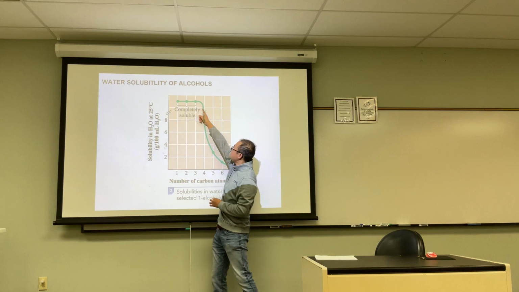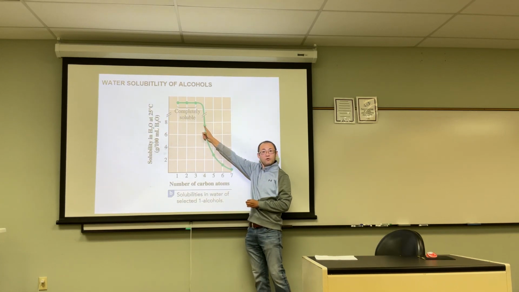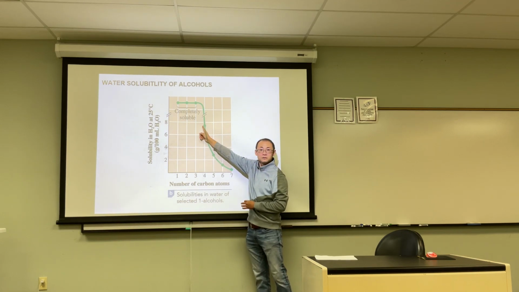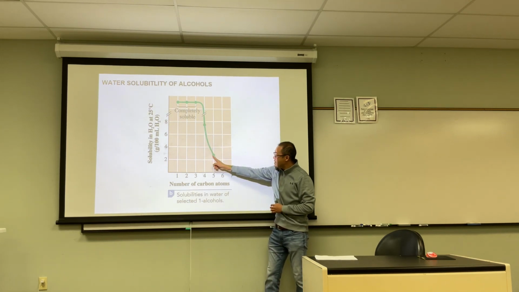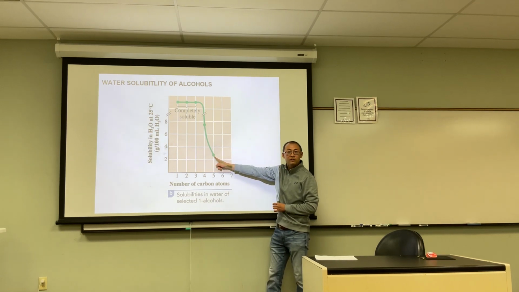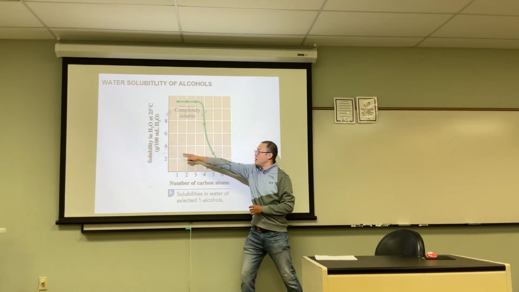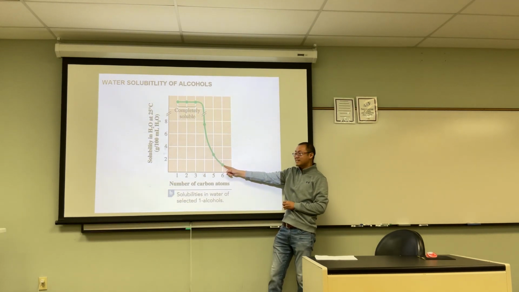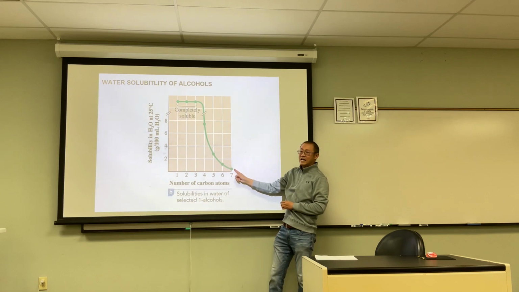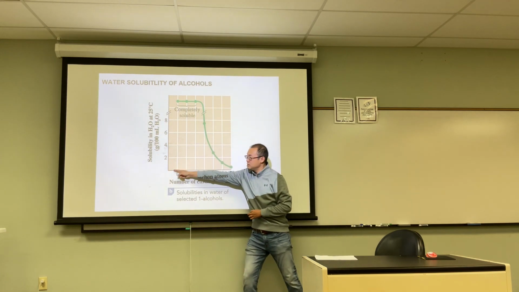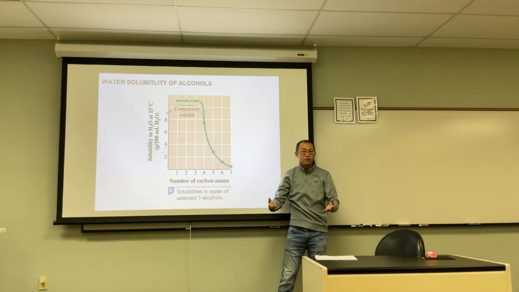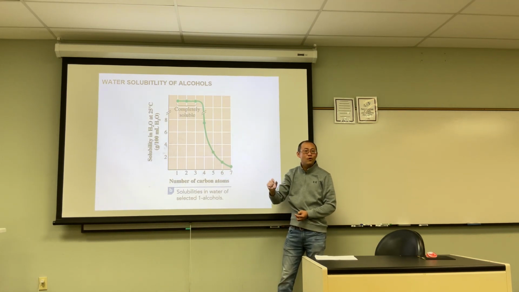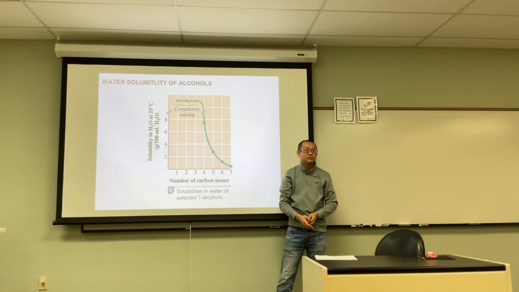But when you increase the carbon number to 4, the water solubility drops to around 8 grams per 100 mL of water. At carbon number 5, it further drops to 2 point something. And at 6 and 7, close to 7, the water solubility drops to 0. That tells you that at 7, the solubility of the alcohol is close to that of the hydrocarbon tail.